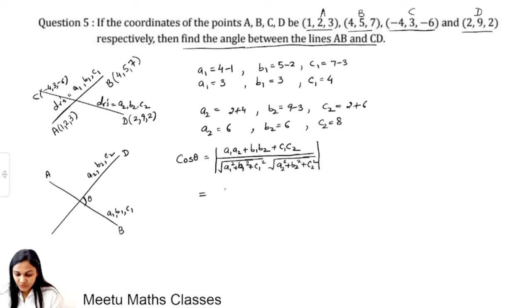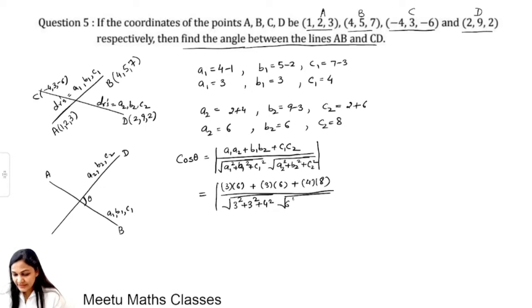Now A1 is 3 into 6 plus 3 into 6 plus 4 into 8 divided by square root of 3 square plus 3 square plus 4 square and square root of 6 square plus 6 square plus 8 square.